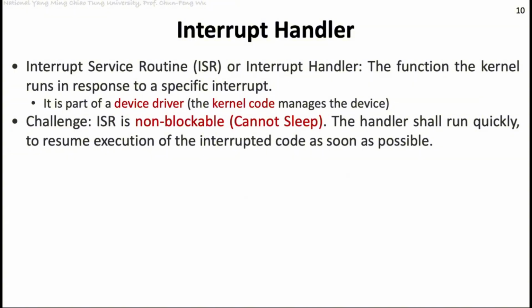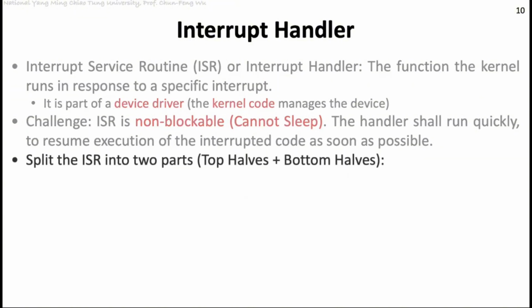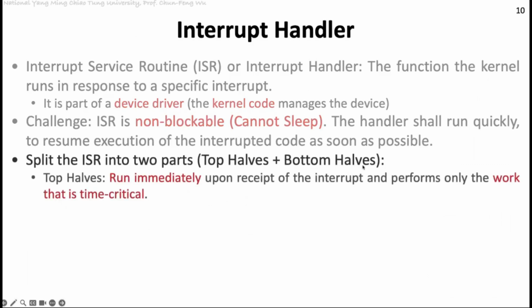So in this case, the Linux kernel splits the ISR into two parts: top halves and bottom halves. The top half runs immediately upon receipt of the interrupt and performs only the work that is time critical.